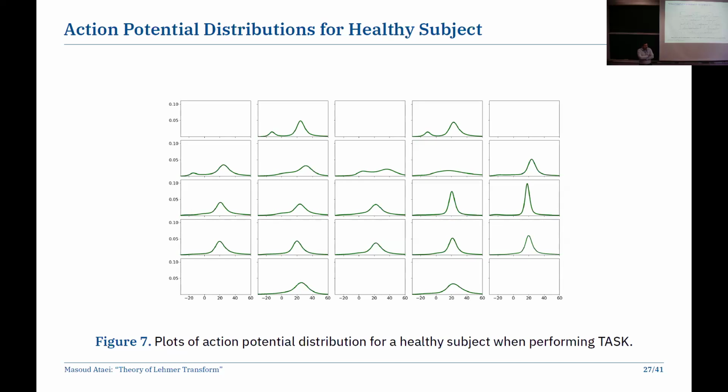For the healthy subject, the distributions are usually unimodal, meaning that statistics like the sample mean are sufficient to capture the information about the signals because of normal excitations in the neural firings. This is the meaning of unimodal. It means that certain statistics can work very well because there's a normal, well-regulated activation in the neurons.